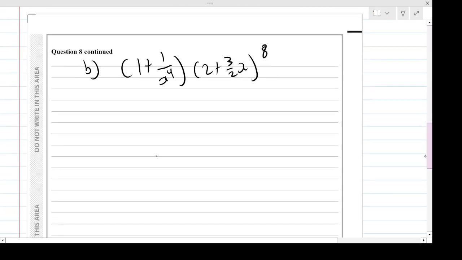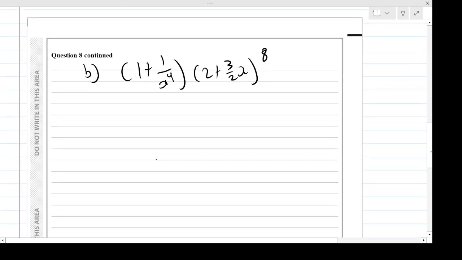Again, a fairly typical sort of question, a bit harder, a bit of problem solving. The idea is essentially, if we consider this individual expansion, which we did in part A, kind of visualize how the two brackets multiply to get me the terms I want.